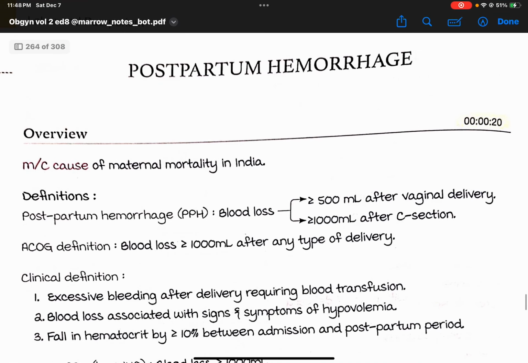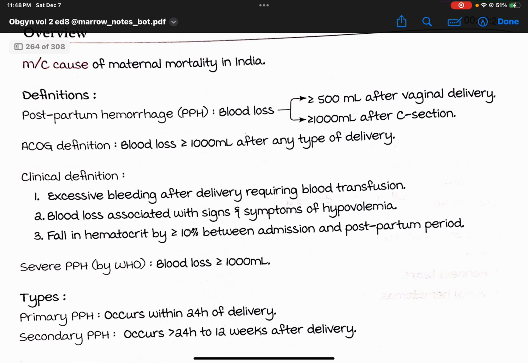Postpartum hemorrhage, overview. It is the most common cause of maternal mortality in India. Postpartum hemorrhage is blood loss of more than or equal to 500 ml after vaginal delivery, and more than or equal to 1000 ml after C-section. ACOG definition: blood loss of more than or equal to 1000 ml after any type of delivery.